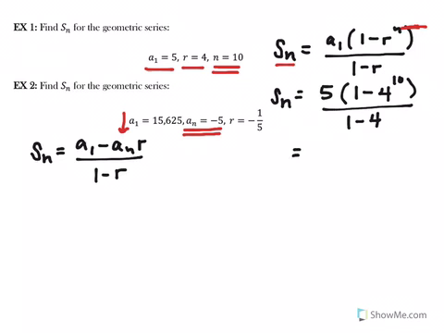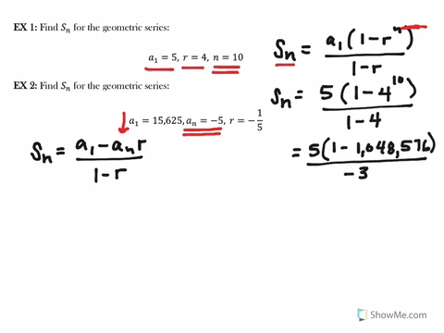So this is equal to 5 times 1 minus 4 to the 10th is 1,048,576. Another comma there. And this is all over 1 minus 4, which is negative 3.